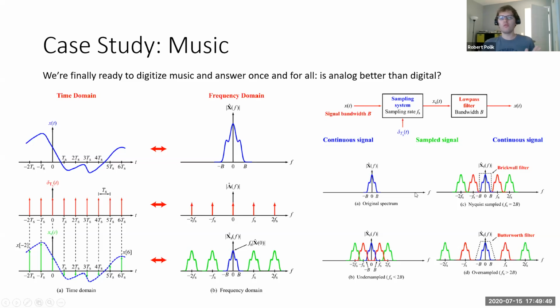And then if you oversample it, you can use a Butterworth filter, which is a real filter that is achievable. And once again, you can return your input. So this is what it looks like in the frequency domain, but in the time domain, you're turning this function right here at the bottom back into your analog signal. So just like that, we've converted from analog to digital.